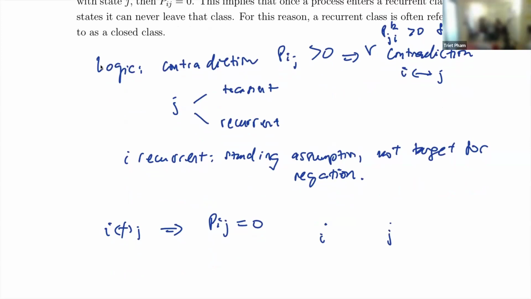Because what your statement is saying is, I know I is recurrent, so Fii goes to 1, and Pij is positive, that's the assumption. Then it must follow that P to the k, J I must be positive for some k.